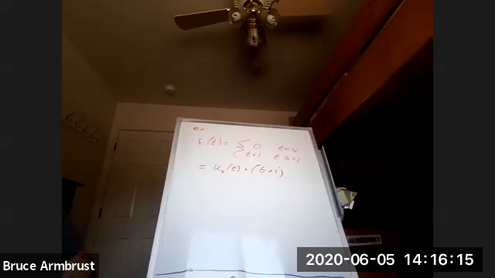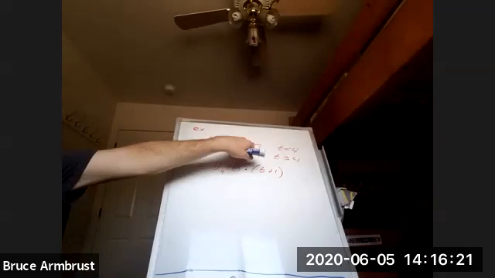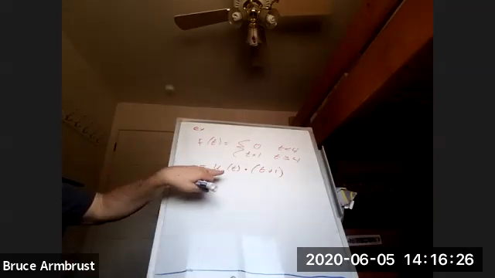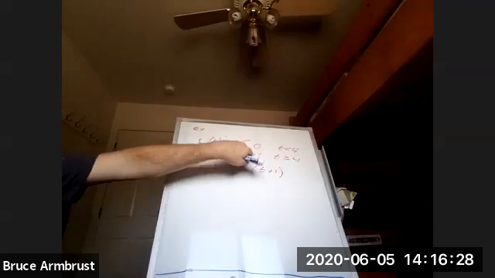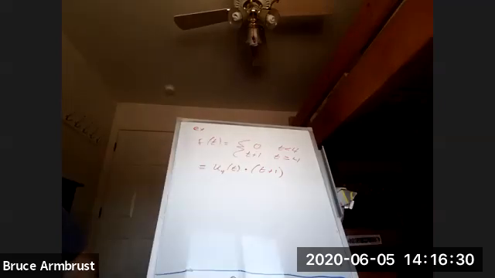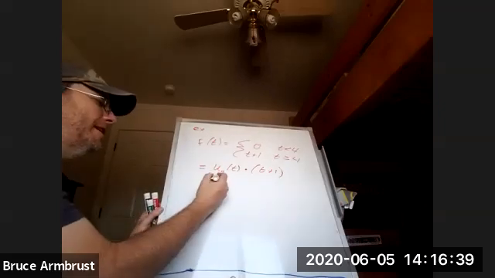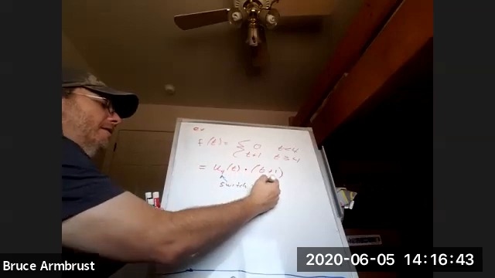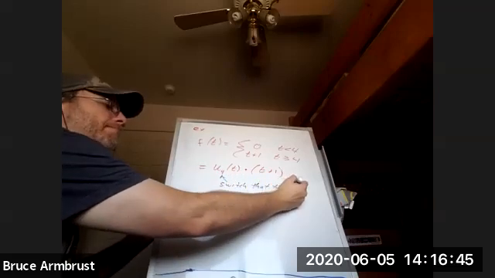Because think about what u4 did. It's 0 up until 4, and 0 times anything is 0. Then starting at 4, it's 1, so 1 times t plus 1 gives us t plus 1. So check it out. This is how I like to think about u4, or u sub c. This is the switch that turns on at 4.